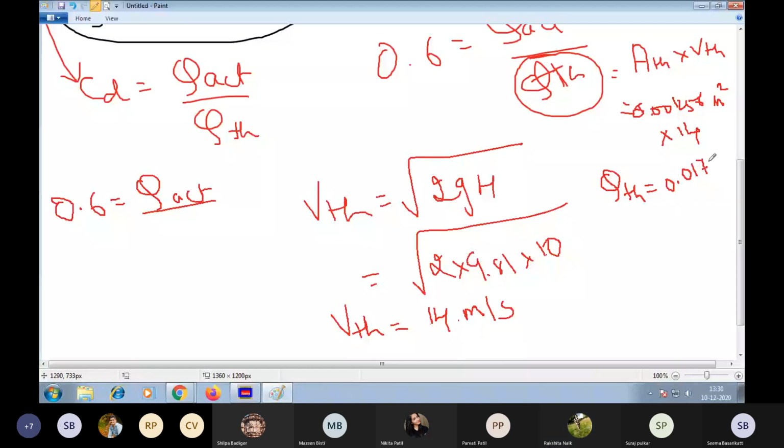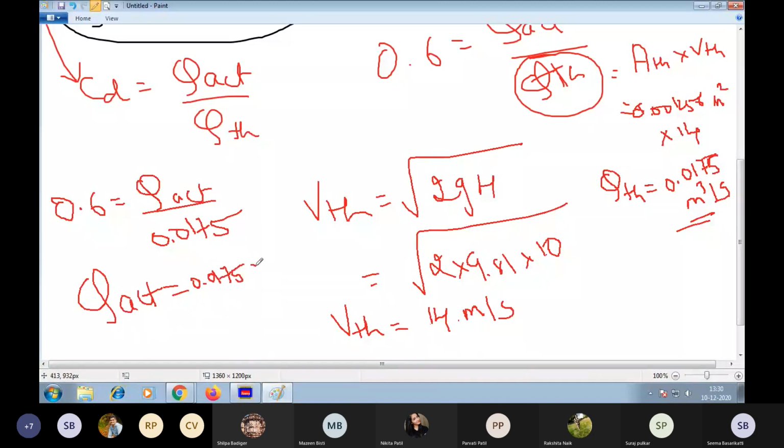What is the unit of discharge? Meter cube per second. Now what will be the actual discharge? 0.0175 multiplied by 0.6.